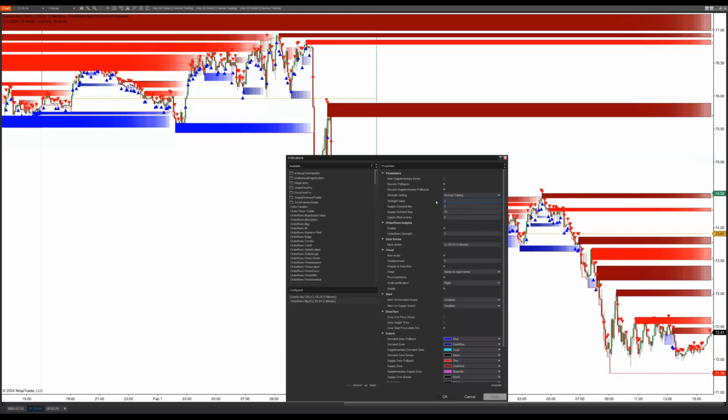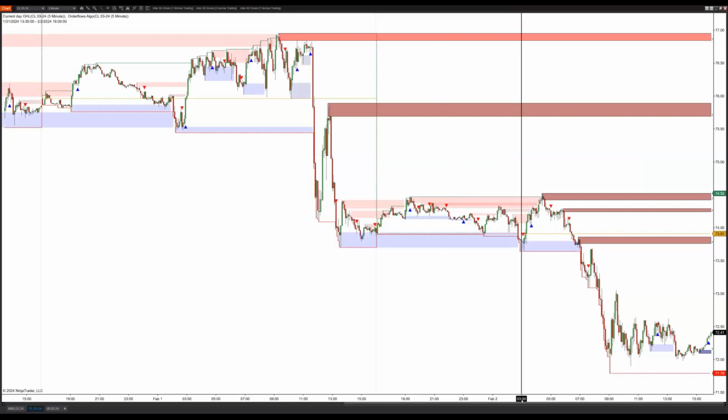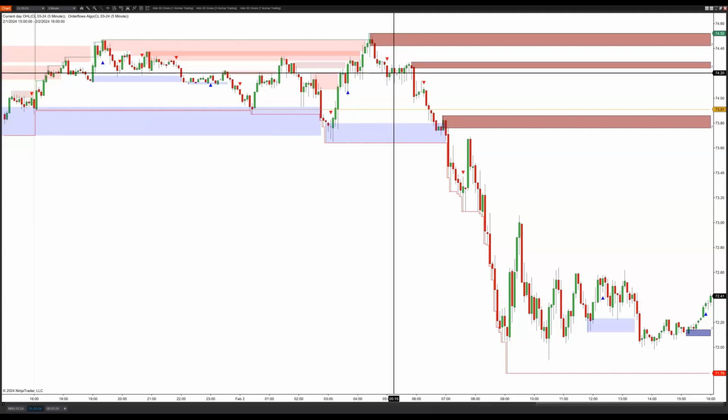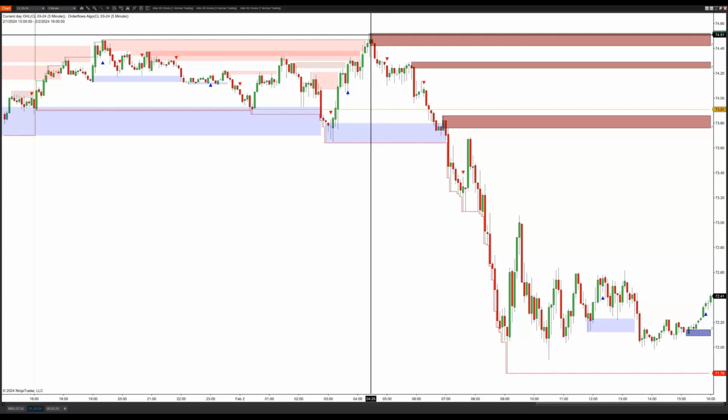The algo strength, because now you're on a 5 minute chart, so you want something a little bit stronger, right? 7, right? And now it's giving you some nice clean signals that are coming in, being confirmed a few moments after the high of the day has been made, right? Which is what you like to see.